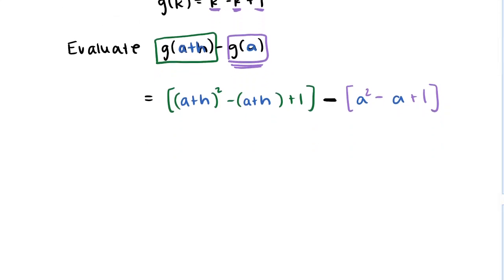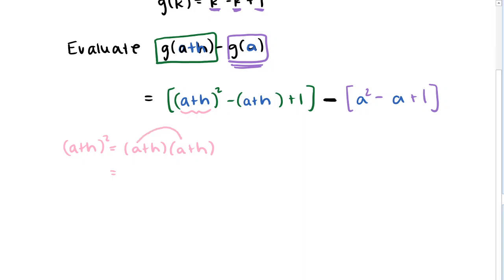Okay, so before we do much more, let's compute this a plus h squared. I think that's going to be helpful for us in this long-winded problem. What does it mean to square something? It means to take the base and multiply it by itself, so a plus h times a plus h. When we multiply two polynomials, we have to multiply every term in the first polynomial with every term in the second.